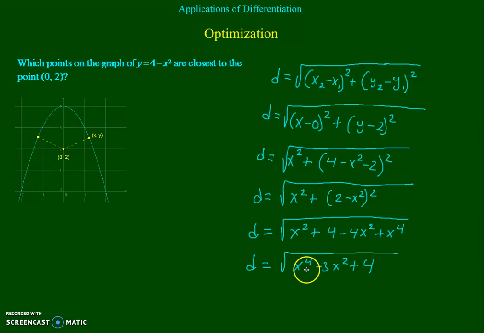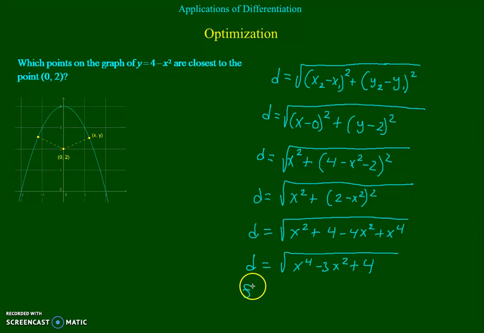Now this is our optimization function, and we could go ahead and differentiate as is, but because radicals are one-to-one, we only need to differentiate the radicand, because this radical expression is going to be minimized when the radicand is minimized. So we're just going to take the derivative of the radicand just to simplify things.